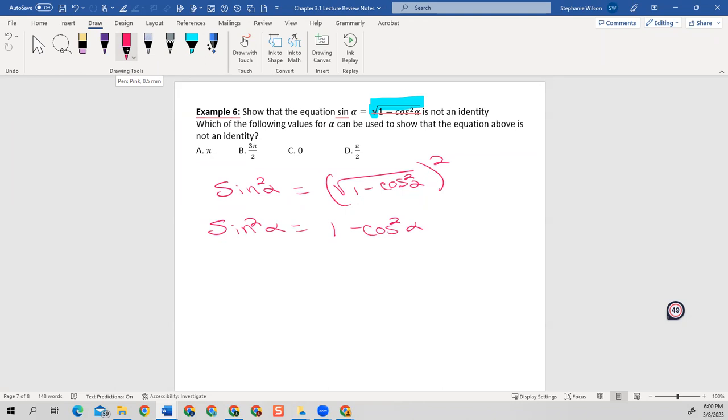So let's get the cosine squared on the other side. I'm going to add this cosine to the other side to get it to look like the identity, right? So now that I've done that, it's equal to 1. I'm just showing y'all how I can see that it works, but you don't have to solve for it this way.